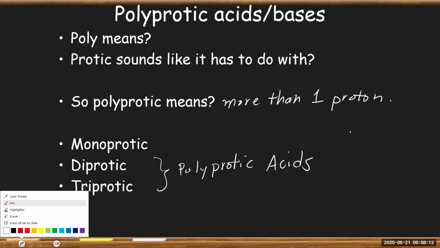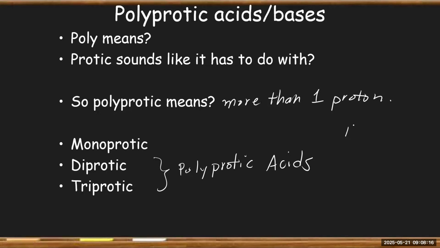So if Stavro is, let's say, H2SO4, right? If that's Stavro, then would you say Stavro is monoprotic or polyprotic? Poly, because he has more than one proton. Specifically diprotic, right?